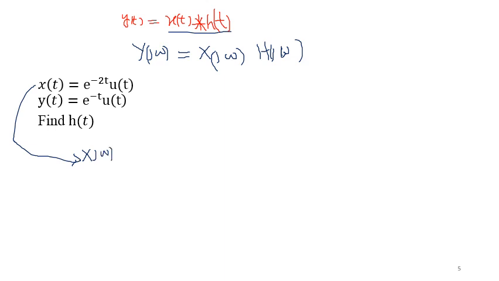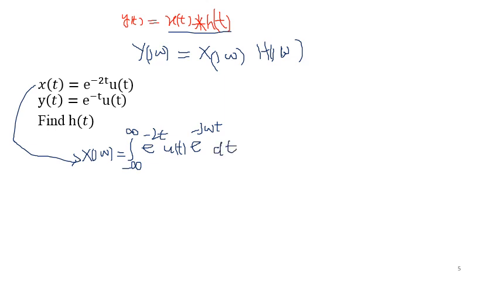It's the integration from minus infinity to infinity of e to the power minus 2t times u of t times e to the power minus j omega t dt.